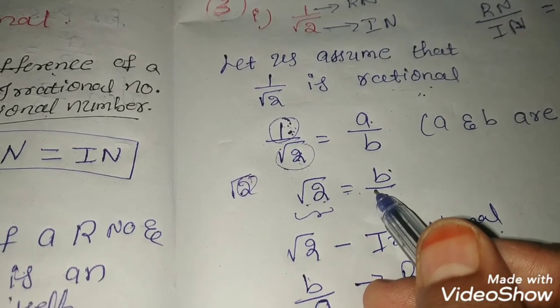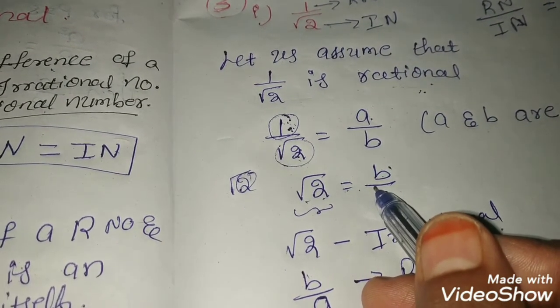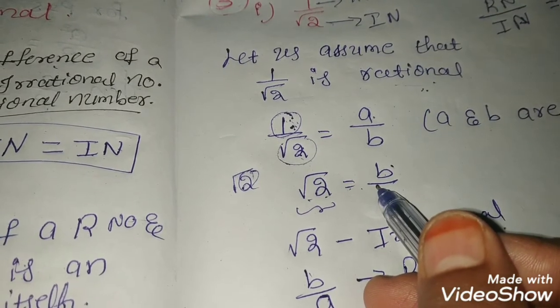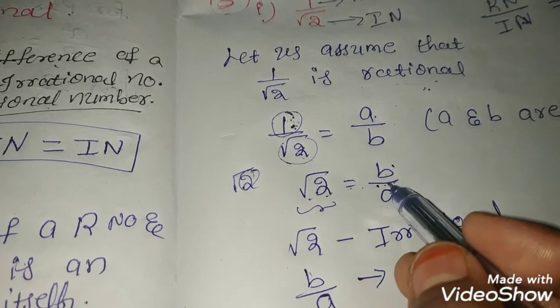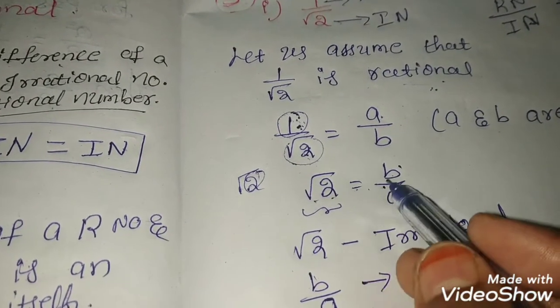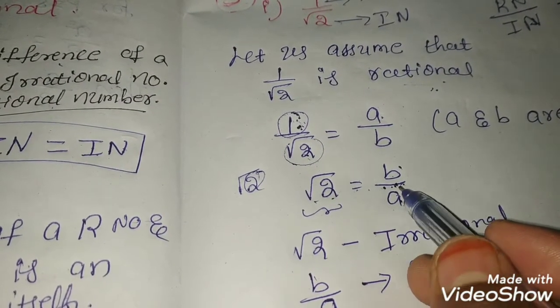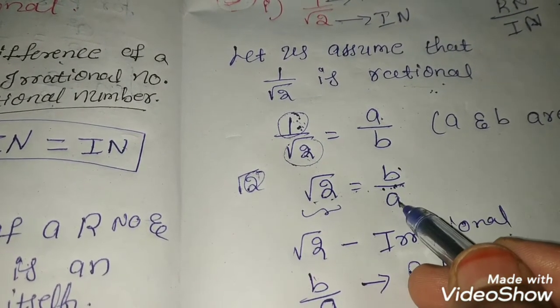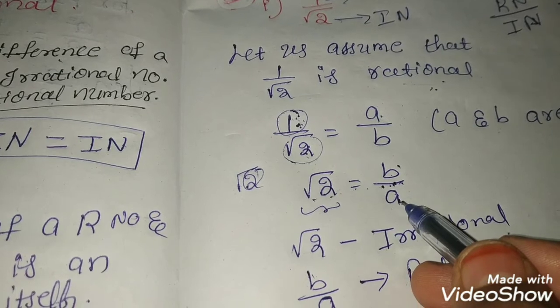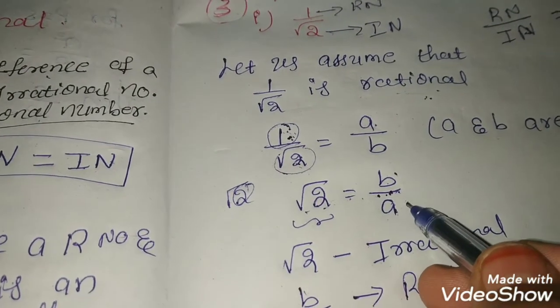Is it correct? No. How is it possible? If you have a value of root 2 on the right side, then we can say those are equal. But it is not equal, because root 2 is irrational, B by A is rational. This is a contradiction, right?